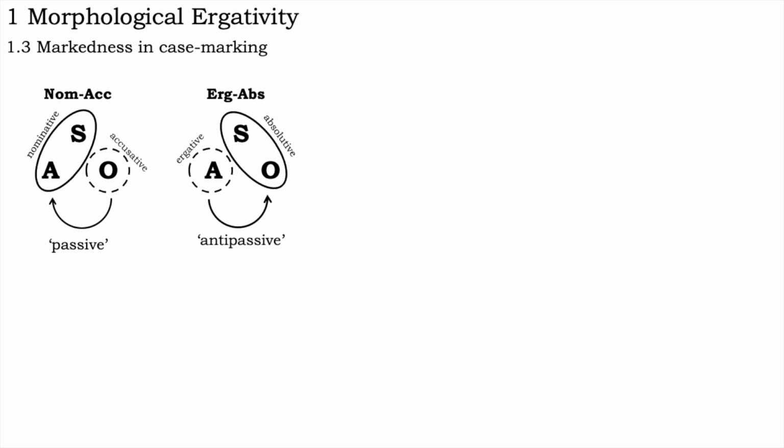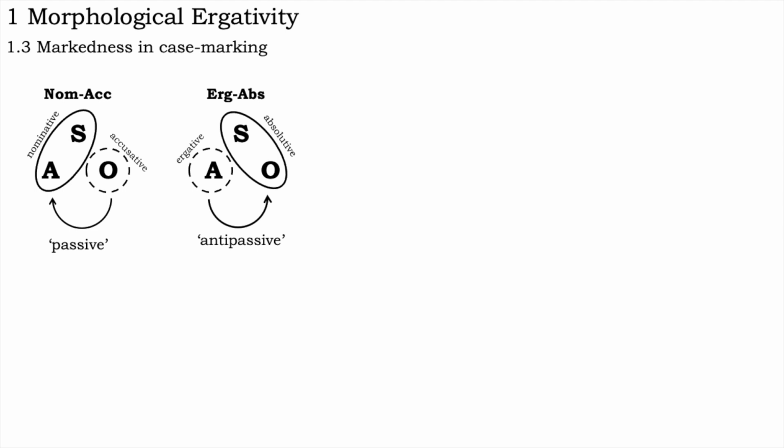For instance, accusative languages often have a passive voice which promotes the O argument to the ostensibly more important A argument. By contrast, ergative languages often have an anti-passive voice which promotes the A argument to the ostensibly more important O argument. Another example.